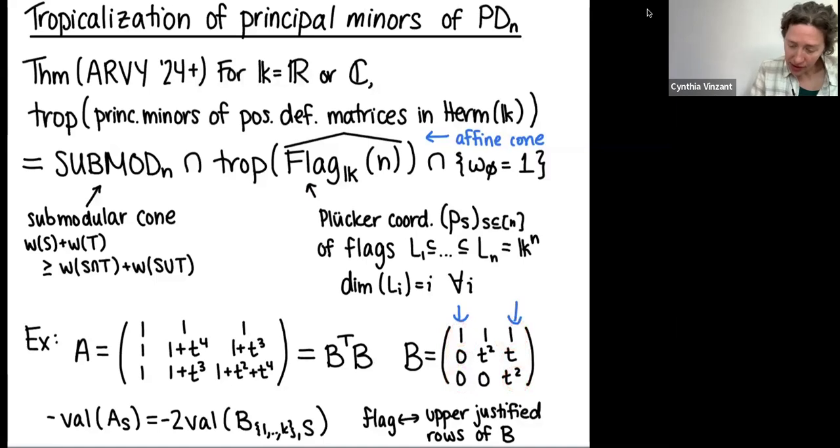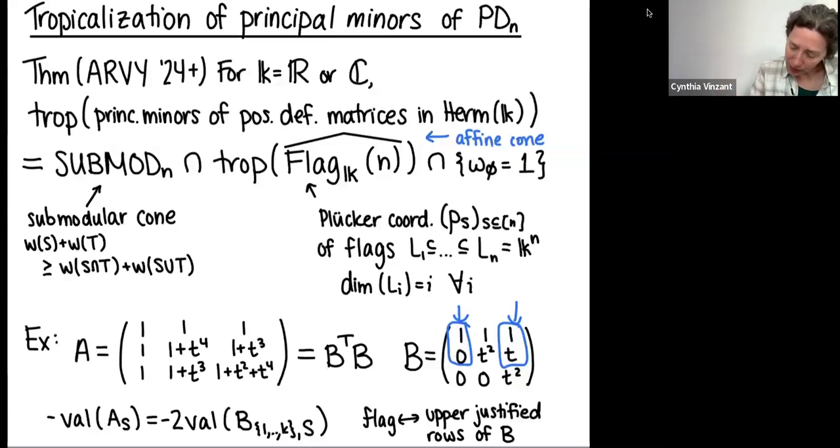The harder thing to check is that you can always factor in such a way where the top justified minor, which here was this one, is the one that contributes to the valuation. So that's the harder part of this as a theorem.